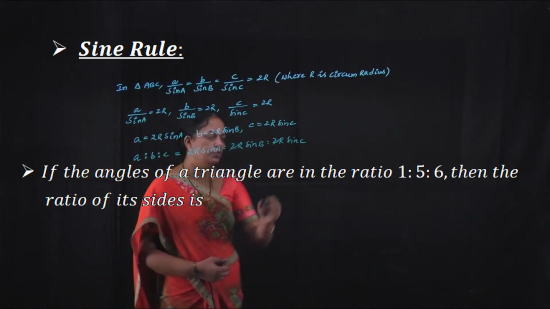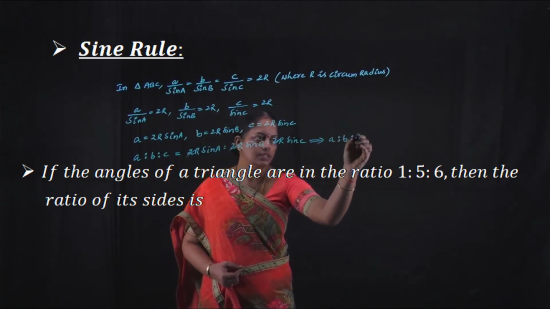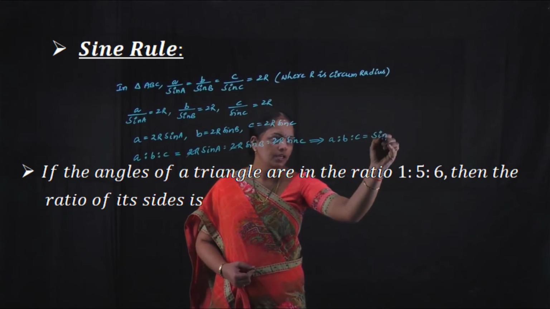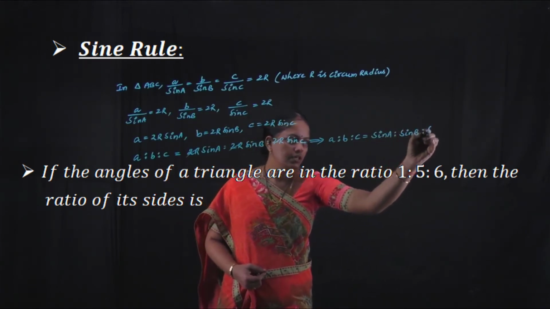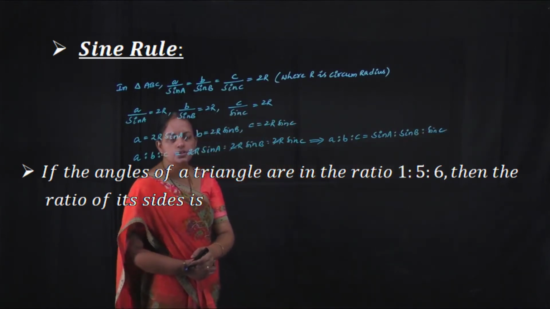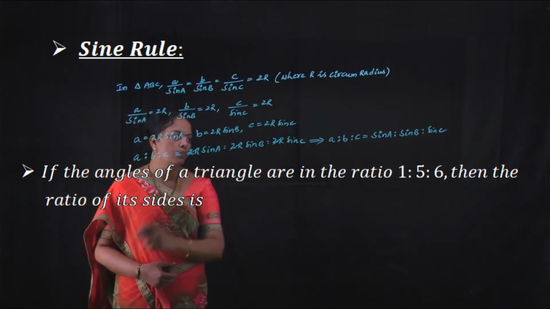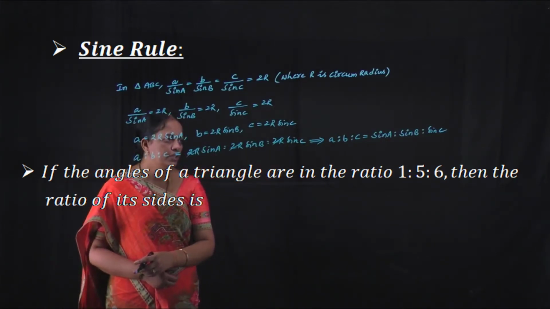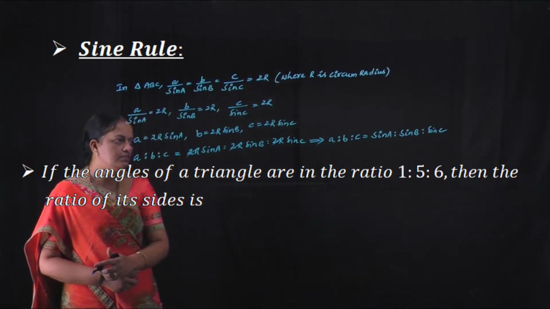From this we can write a is to b is to c is equal to sine A is to sine B is to sine C. By using this relation, we can find the sides of the triangle or angles of a triangle. Let us see one example based on this formula.